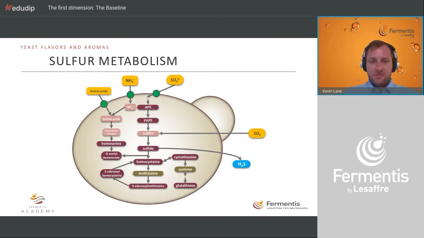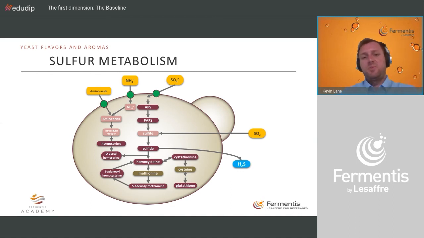Sulfurs, really, you have some sulfates coming in here or sulfite coming in, and the yeast is using that for amino acid production, for protein production. You can also have amino acids or ammonium coming into the cell and then entering into the process for the sulfur amino acids, but yeast will also convert the sulfates to sulfites and release those, or sulfates to sulfide, or sulfite to sulfide and release that.